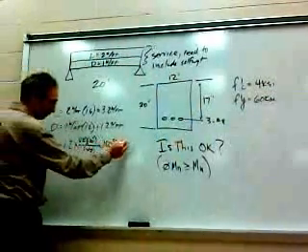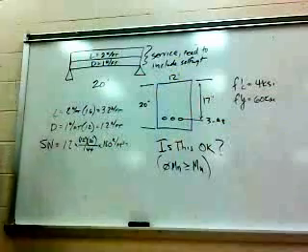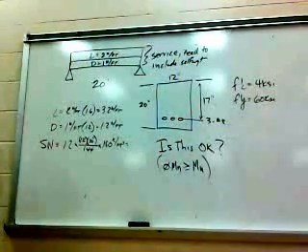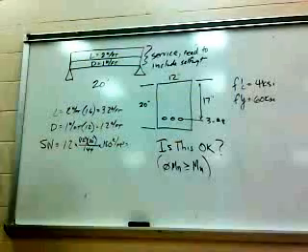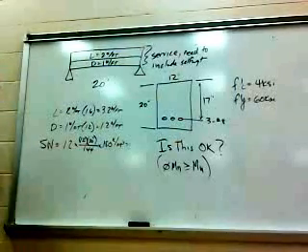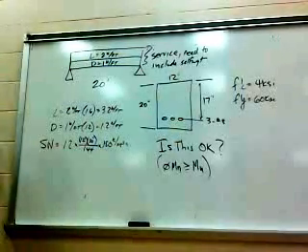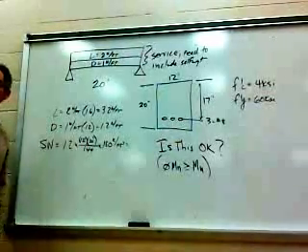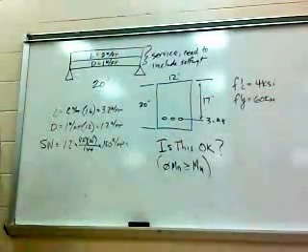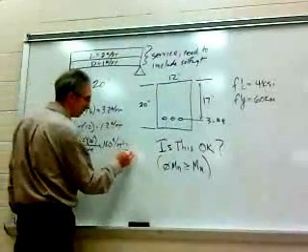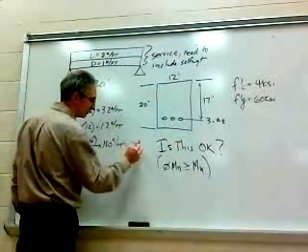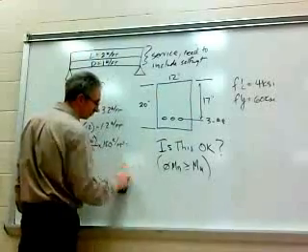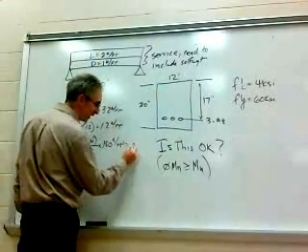So when I do the self-weight and I bring all that out, what do I get? 0.25? Is that right? Yeah. 0.3. Okay.